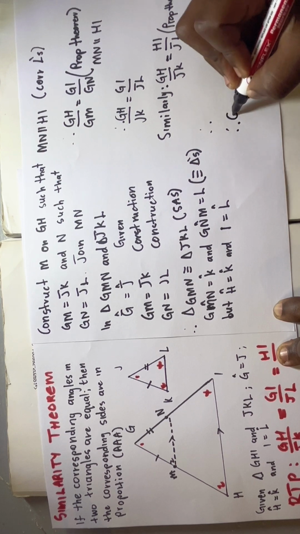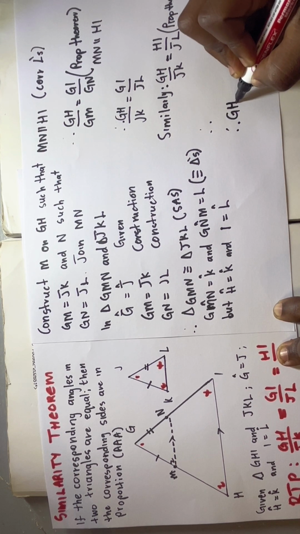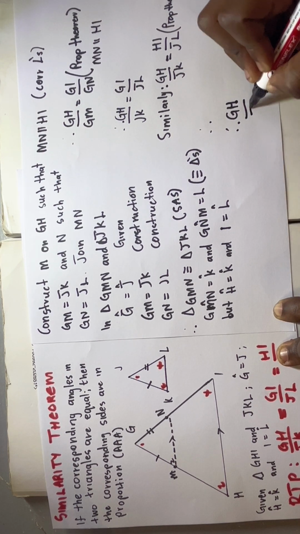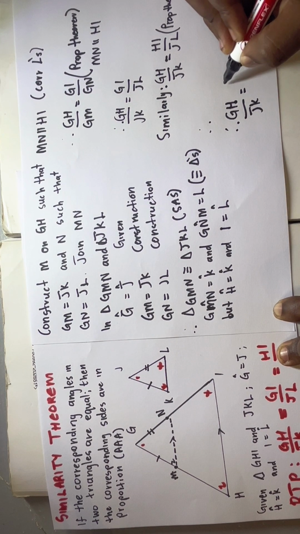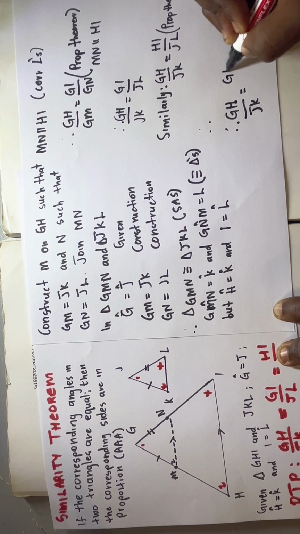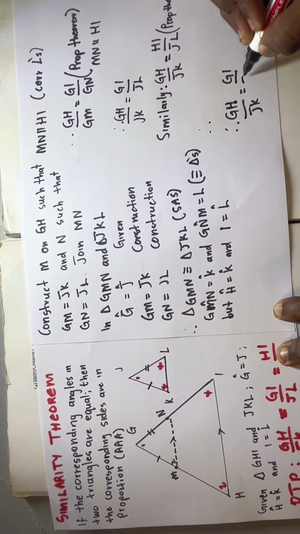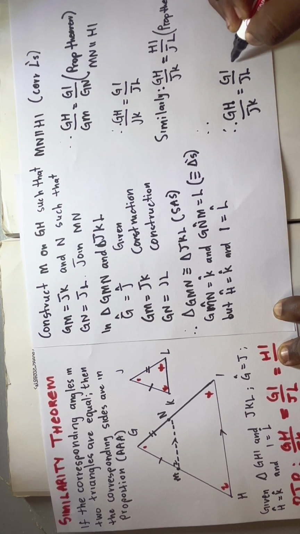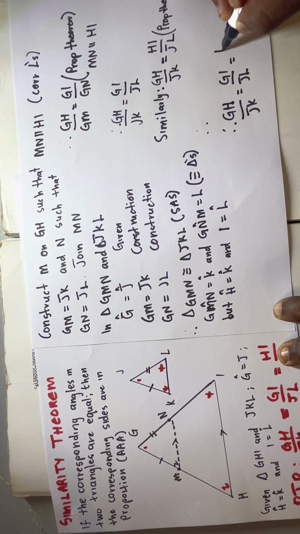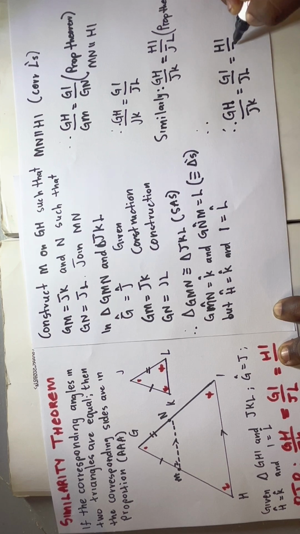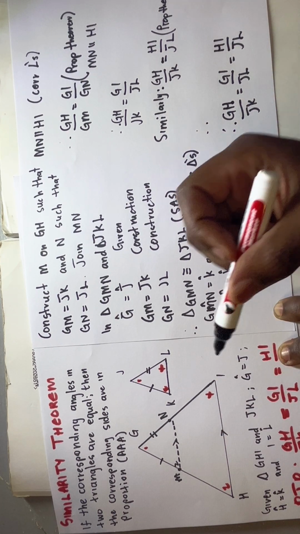So you can conclude that actually your GH over your JK is going to be equals to what? Is going to be equals to your GI over your JL, which is going to be equals to your HI over your JL. And then you have proven what you are required to prove.